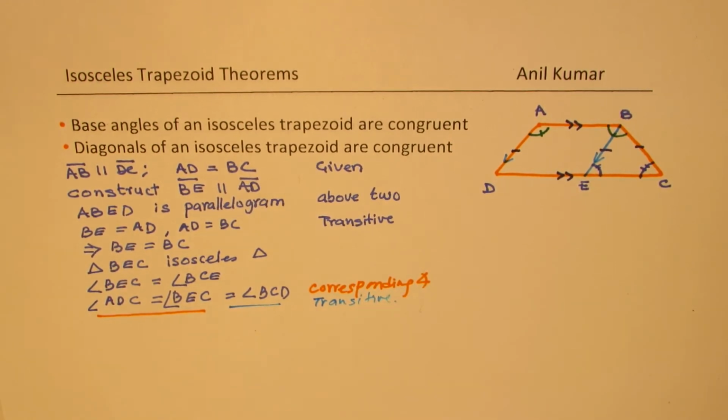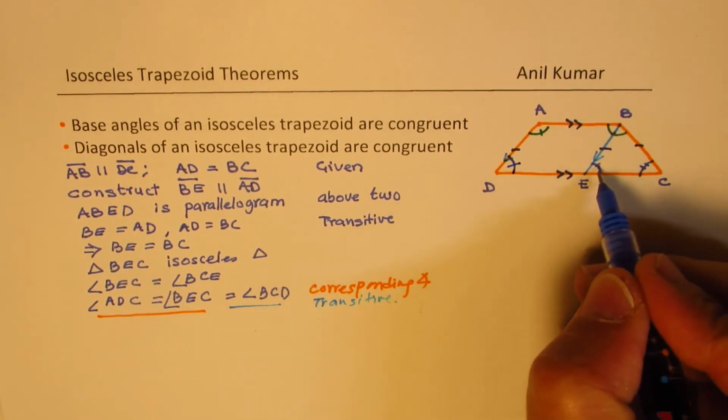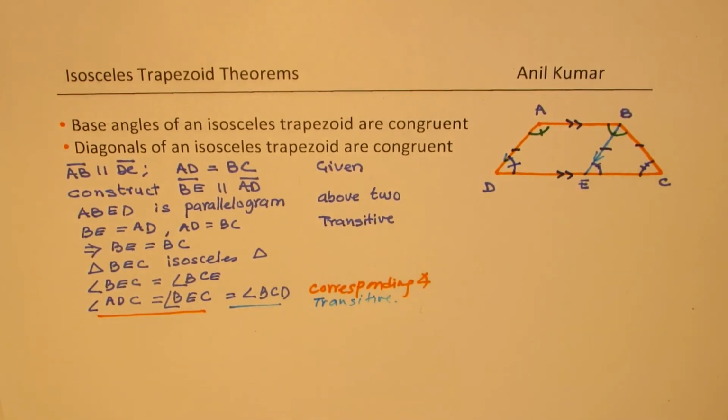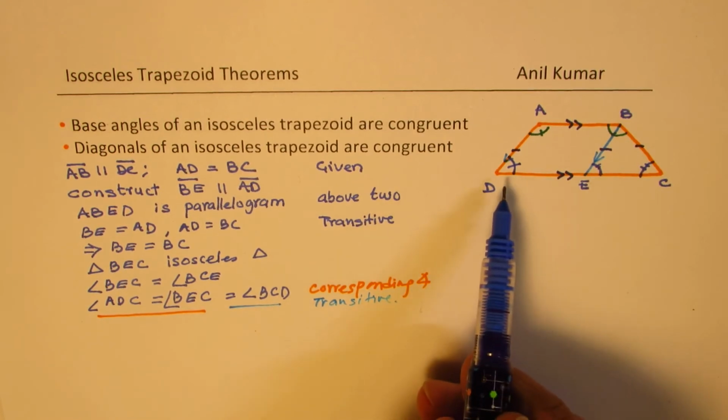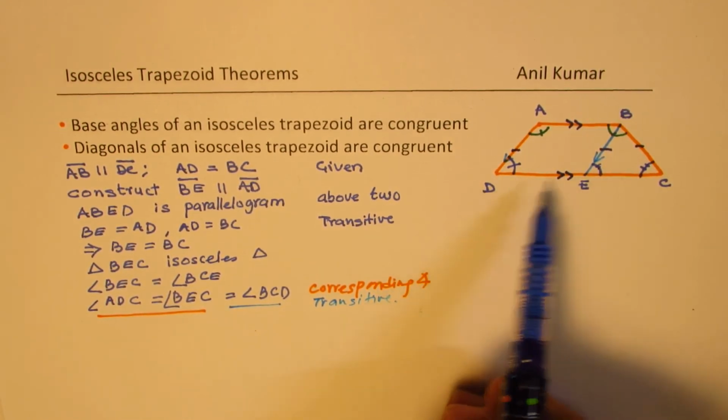Correct? So when you're giving the proof, you can actually work out the details, right? So what we have come to is that this angle is also equal. So all the three angles here are congruent. Well, we have already shown that two base angles are congruent. Do you see that part, right?